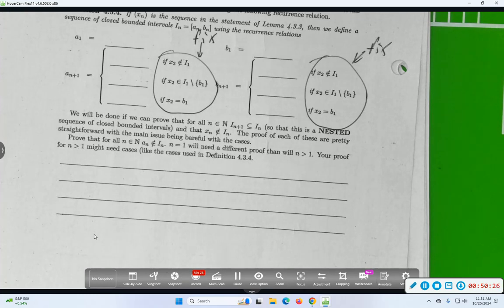Yeah, that's it. And then in our case, it should be the same.